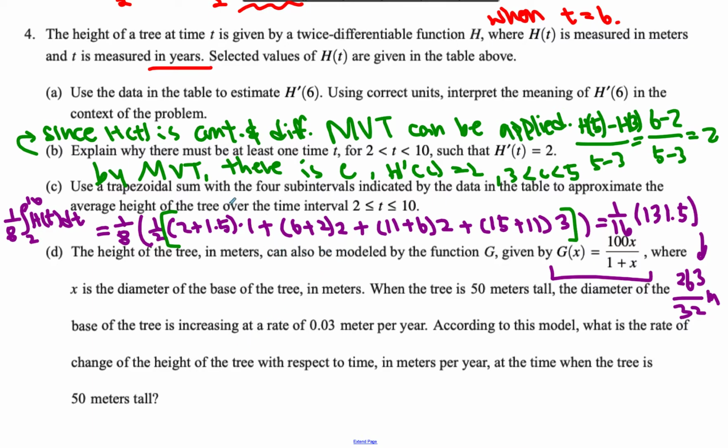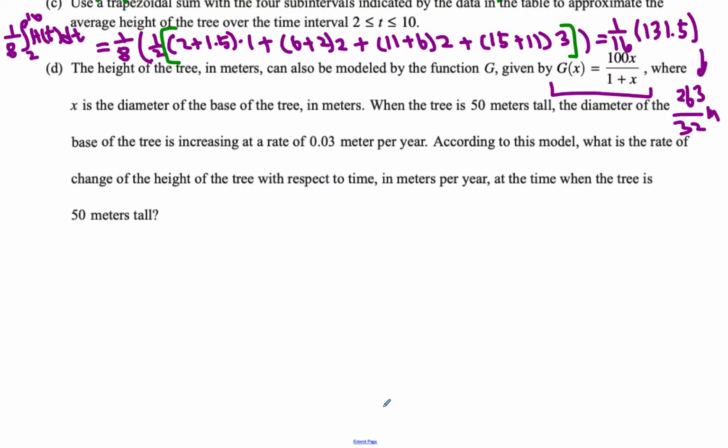So first, what we want to do is calculate the derivative here. Then dg/dt will be equal to the derivative of this one. Since it's a fraction, I'm going to use the quotient rule.